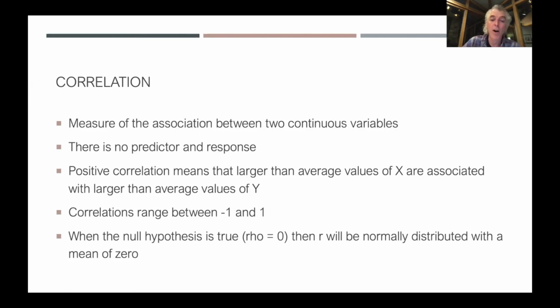When the null hypothesis is true, that is, that the true population correlation is equal to 0, then r will be normally distributed with a mean of 0. And we can then use a t-test statistic to test whether our observed correlation is different from 0.